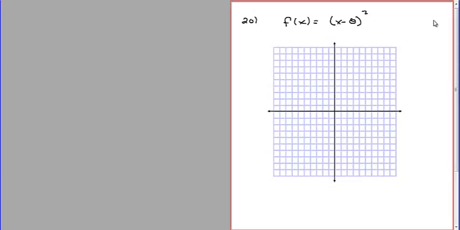So what we'll have is the vertex right here, and with a quadratic equation that has just a unity coefficient, you basically go over 1 and up 1, and you go over 2 and up 4 because you're squaring it. So that quickly gives you those points. So you have something that looks like that, and if you went over 3, you'd go up 9. 3 squared is 9.